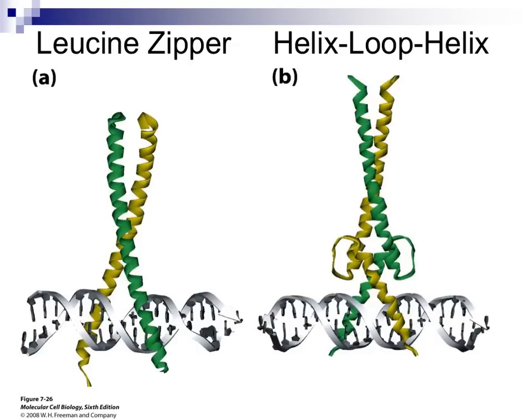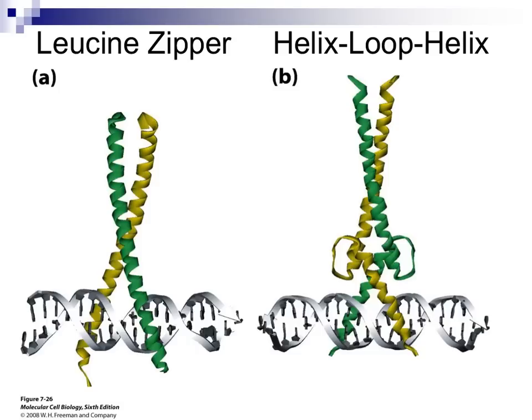All right, now the last two, the leucine zipper and the helix loop helix, are shown together because they have very many structural similarities, a few differences, but they're very similar to each other. On the left-hand side is the leucine zipper. The leucine zipper is made up of two helical molecules, one in green and one in a yellowish color.